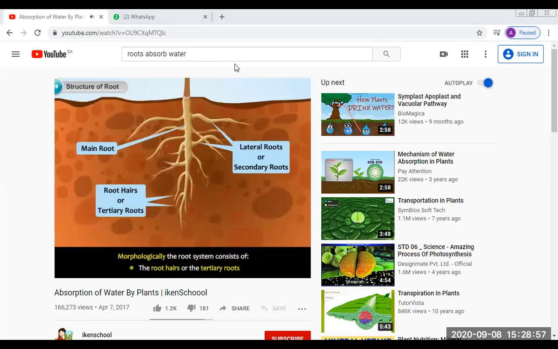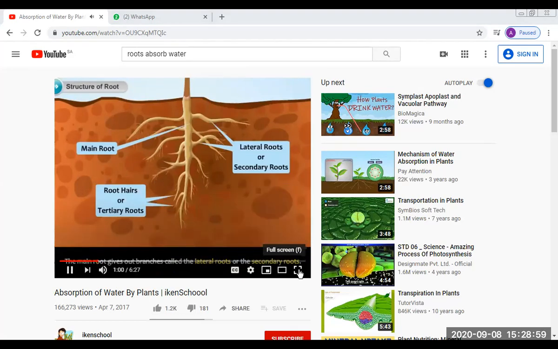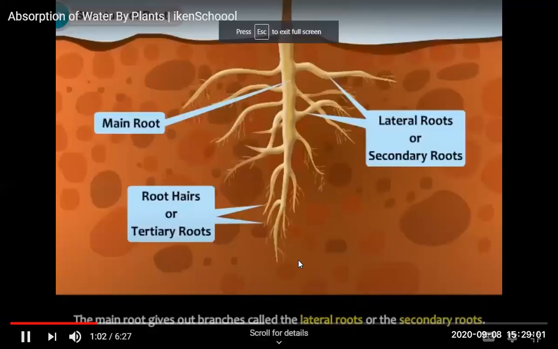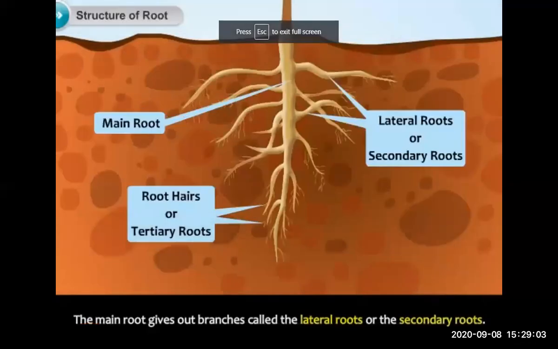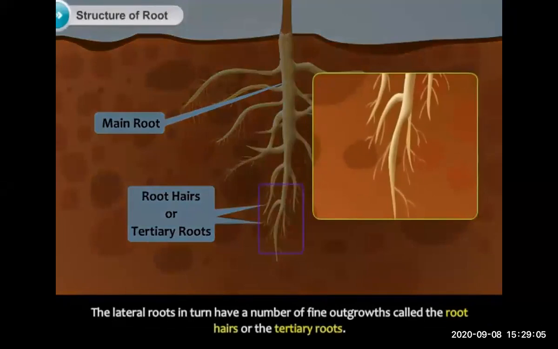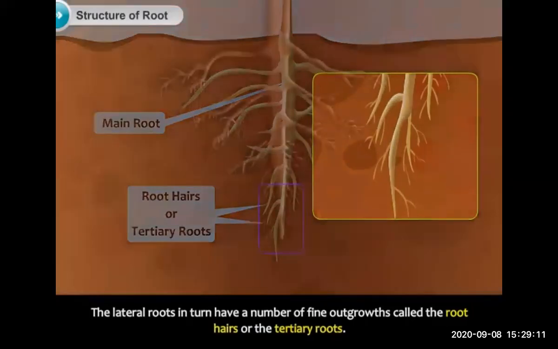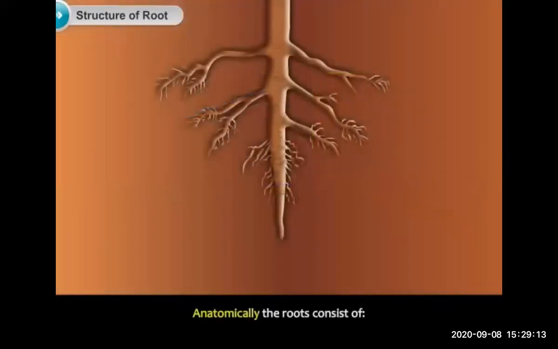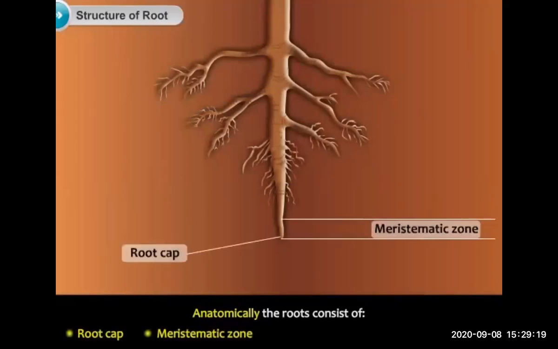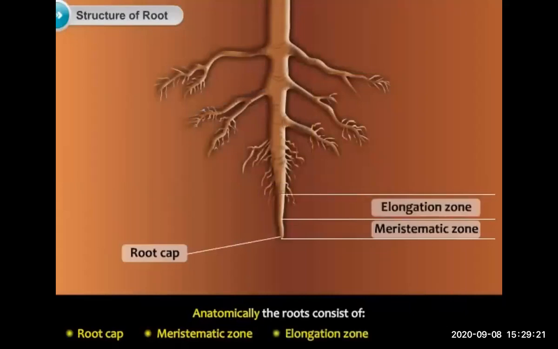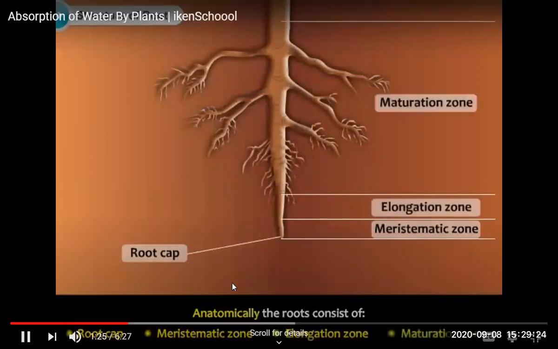The main root gives out branches called the lateral roots or the secondary roots. The lateral roots in turn have a number of fine outgrowths called the root hairs or the tertiary roots. Anatomically, the roots consist of root cap, meristematic zone, elongation zone, maturation zone.